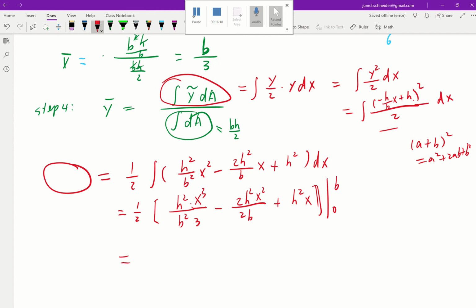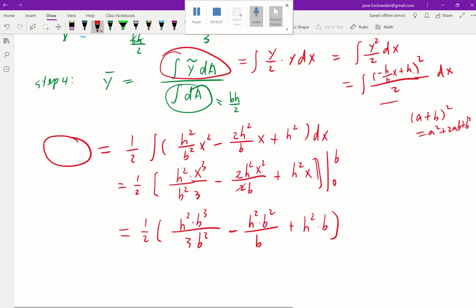So with the half, the first term will have h squared b cubed over 3b squared. In the second, the 2 and 2 cancel out, and we'll have h squared b squared over b. The third term will be h squared b. Then we cancel as much as we can.